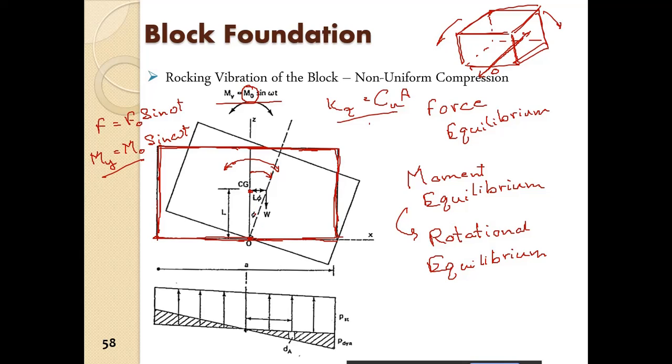If phi is in radians, we have this is L, and suppose this is y and this is x. So phi is equal to y by x, so y is equal to phi x. In this case x is equal to L, so we have y is equal to L phi.